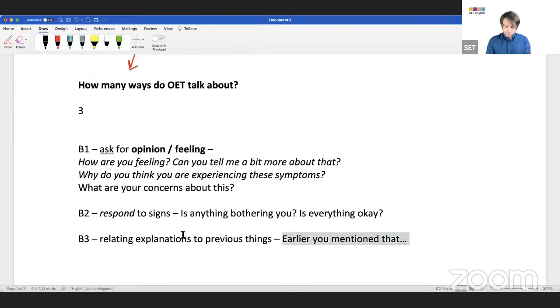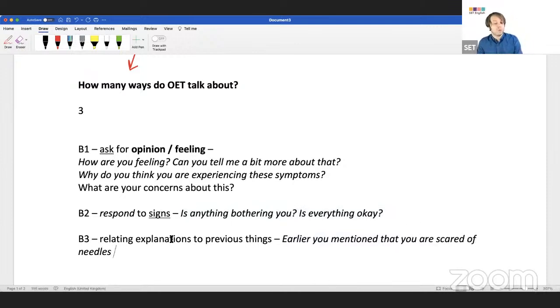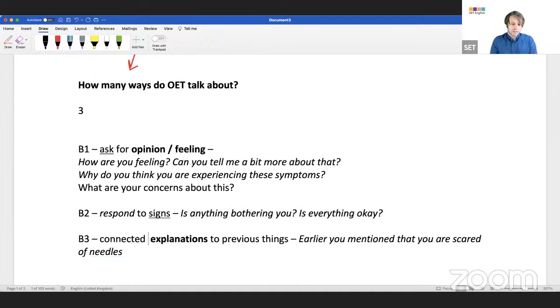So you might say that, or you could say earlier you mentioned that you are scared of needles. Could you please give me more detail about your experience? But we need to make an explanation, don't we? It needs to be connected, right? Guys, it needs to be connected. So you might say, I'm going to explain how to inject yourself with insulin.